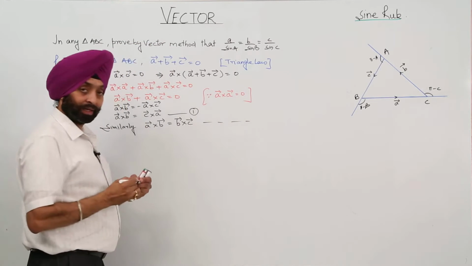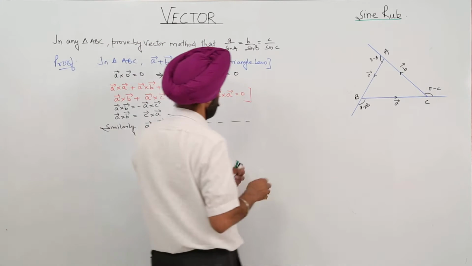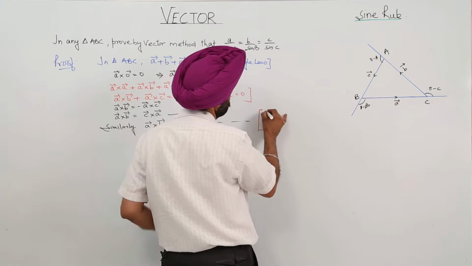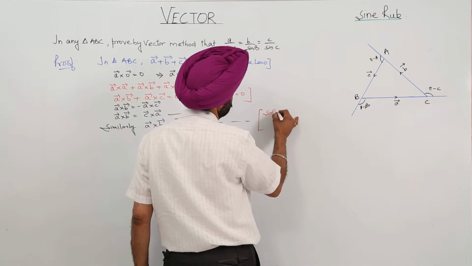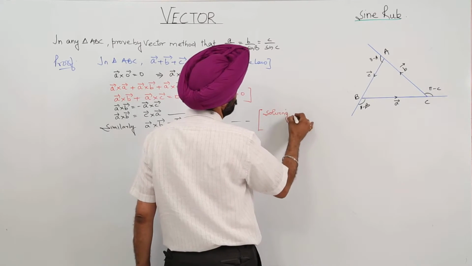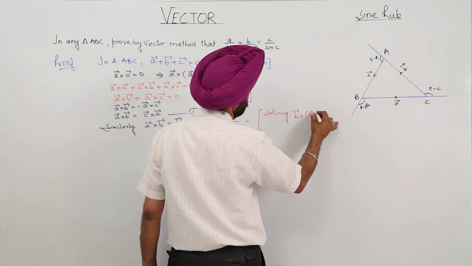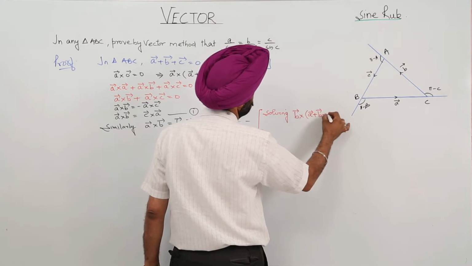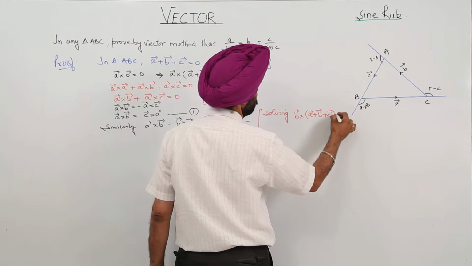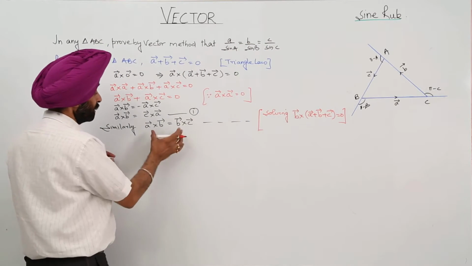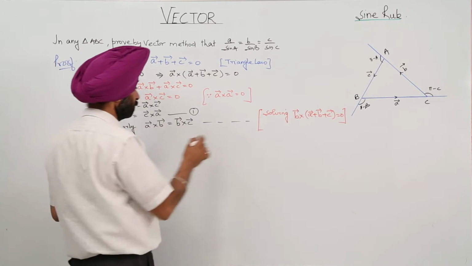Now this can be done by solving vector b cross (vector a plus vector b plus vector c). You will be getting this part. Okay.